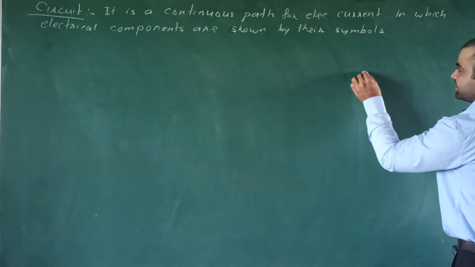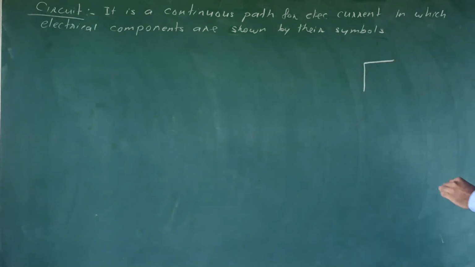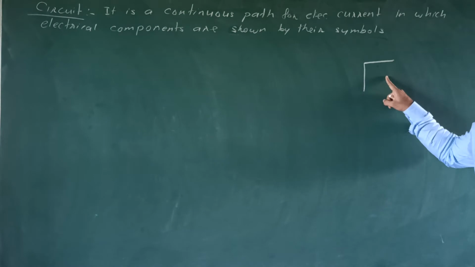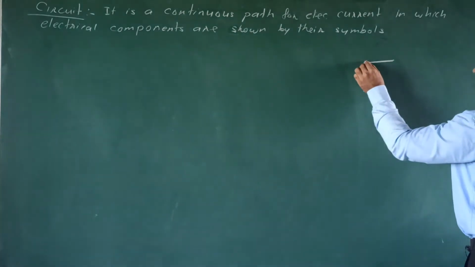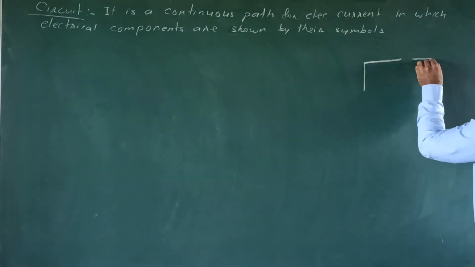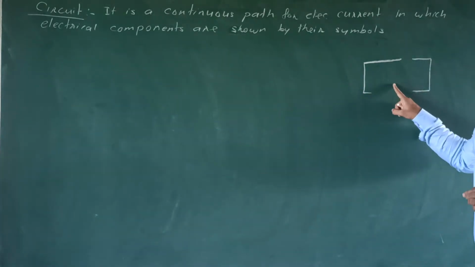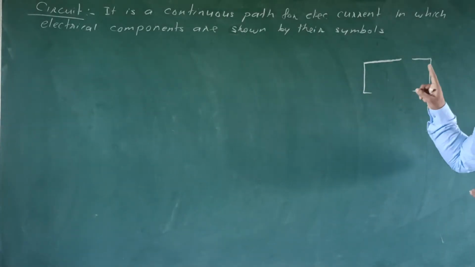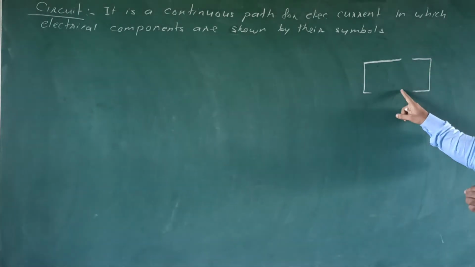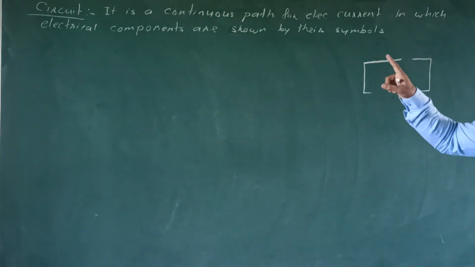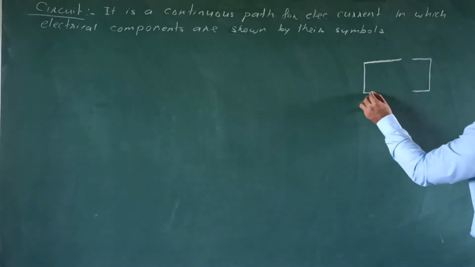A circuit can be seen in the form of a diagram. A circuit is the diagrammatic representation of components and the path of the current.